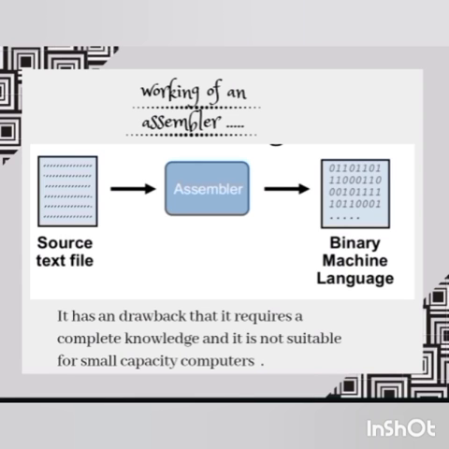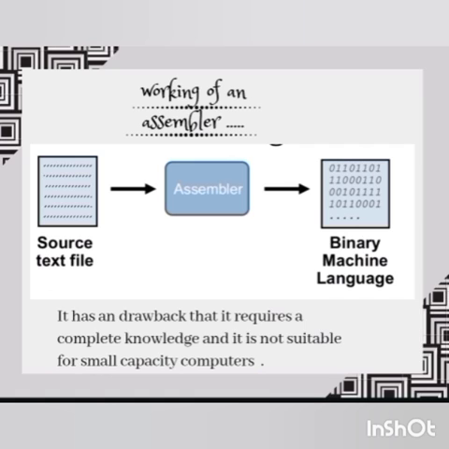In this given slide, the working of an assembler is being shown. The first step is the source code. Source code is simply the lower level language program, the data which we are inputting to the computer. This lower level language program passes through the assembler. The assembler converts it into machine language.